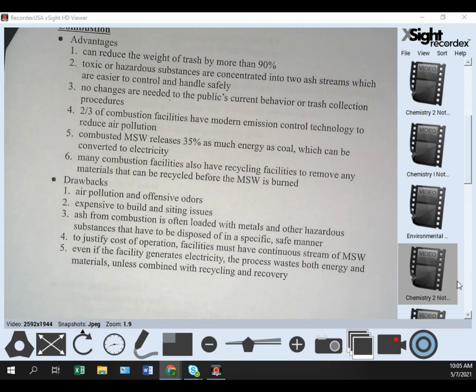So my only concern is that if we really ramped up the combustion, even cleaned and scrubbed, we'd be putting a lot more carbon dioxide in the air, which isn't fantastic for climate change. That would be one drawback.